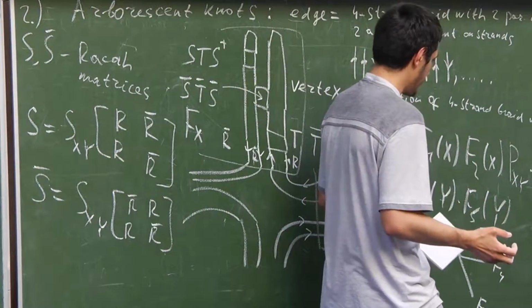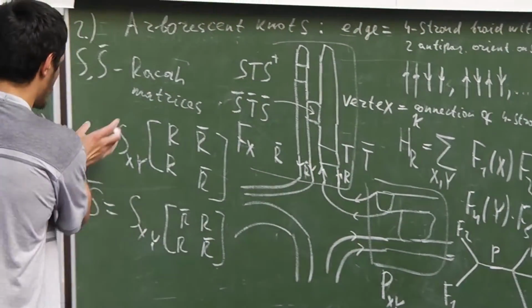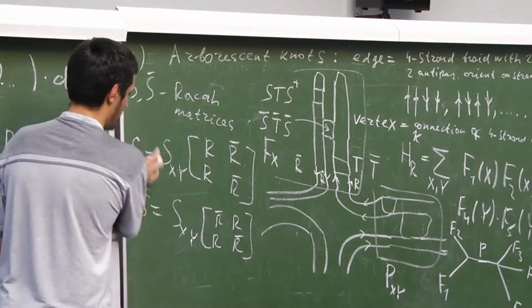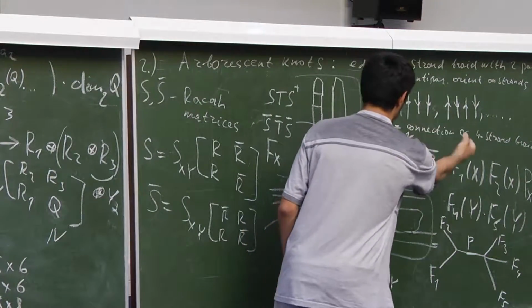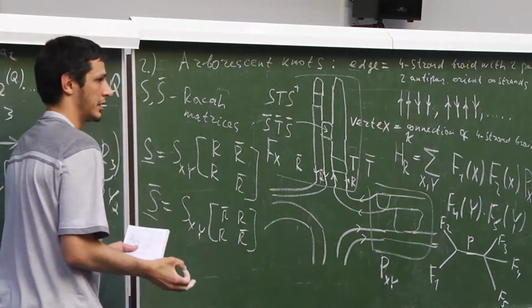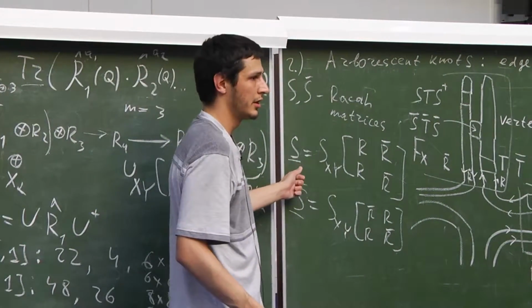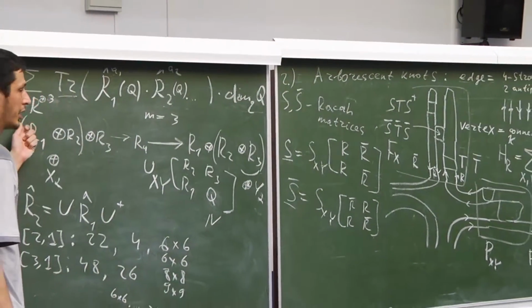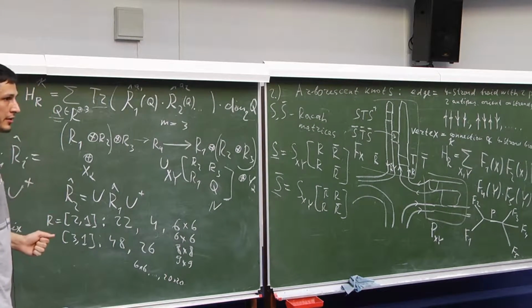And I want to stress that in this calculation I use only two types of Racah matrices. So if I want to calculate such a quantum invariant, then I need to calculate only two Racah matrices. This is the advantage of this method in contrast to the previous one, where I have to calculate a lot of Racah matrices.